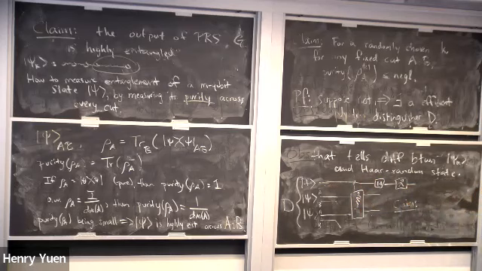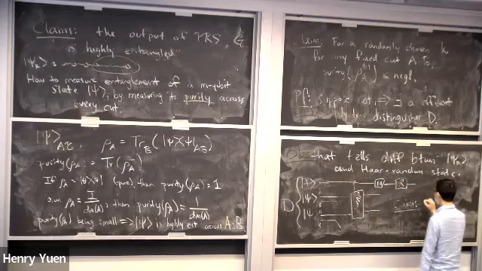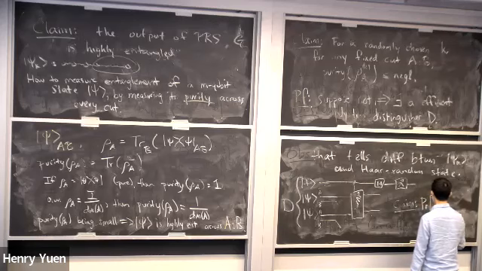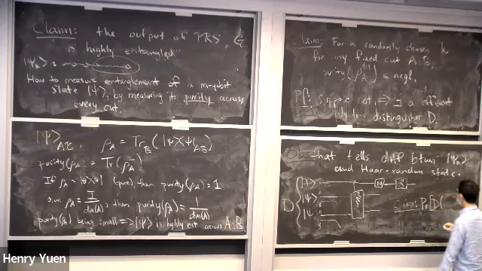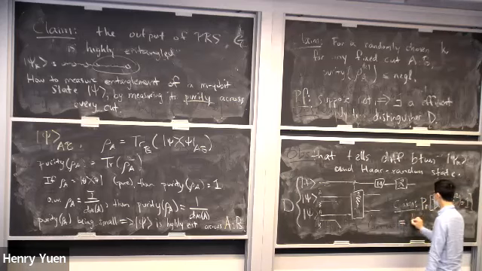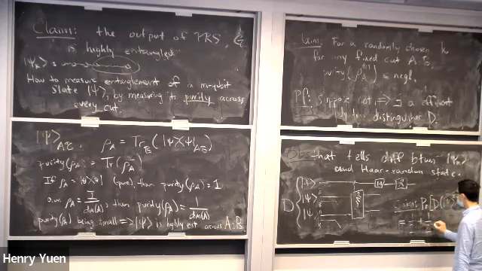So the claim is that the probability that the distinguisher gets 2 copies of psi, probability equals 1, is going to be an estimate of the purity up to some fudge factors. It's going to be 1/2 plus 1/2 times the purity of rho A squared.